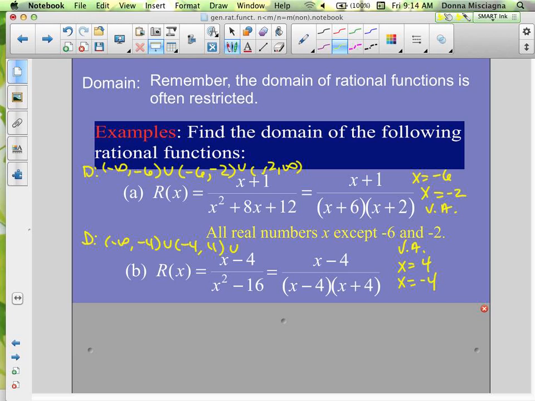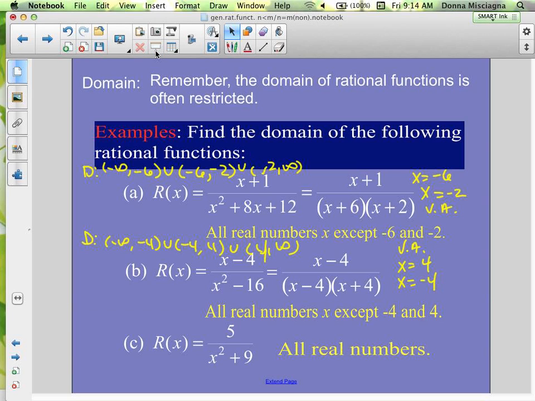Yep, so we have a break at negative 4. So we go from negative infinity, that's supposed to be a 4 there. We go from negative infinity to negative 4. We have another break at 4, so we go from negative infinity to 4, and then 4 to infinity. That's our domain. And let's move the rest of the screen out of the way.